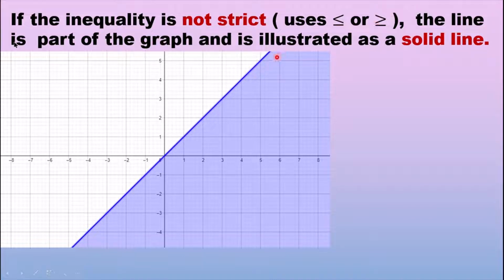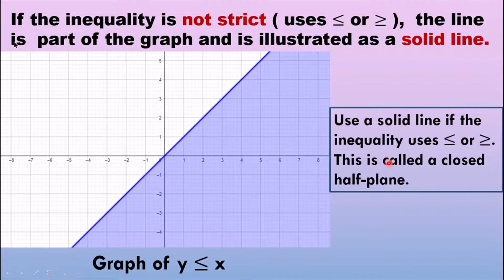So, solid line. Kasama yung line sa solution set. Okay, so this is the graph of y is less than or equal to x. Use a solid line if the inequality uses is less than or equal to or is greater than or equal to. So this is called a closed half plane.